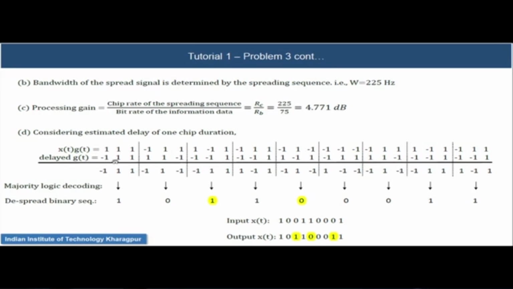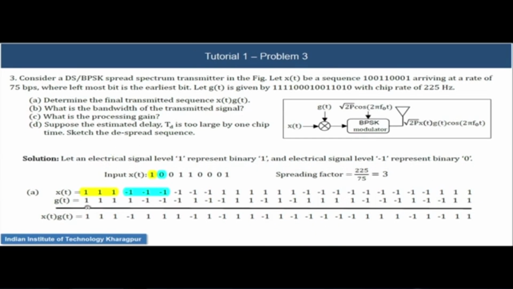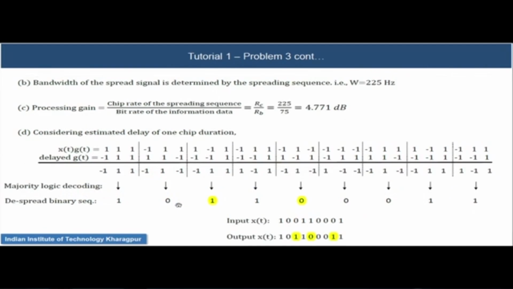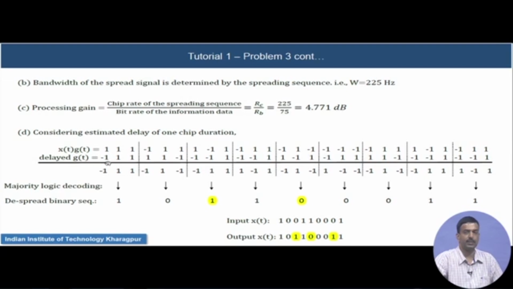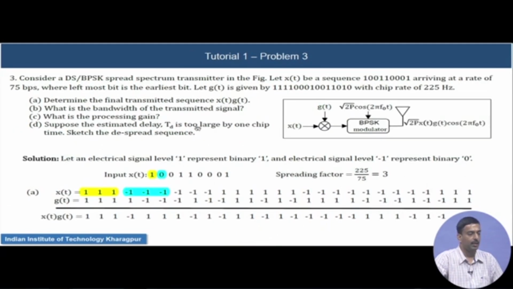As you can see, the PN sequence basically starts with 1 1 1 1 and then 3 minus 1s. So basically the PN sequence is beginning here, where the received signal has already started over here, which basically means we have a dummy bit which we insert, which in this case is a 0 corresponding to electrical level of -1, and this basically models the delay in the PN sequence, which is too large by one chip duration.